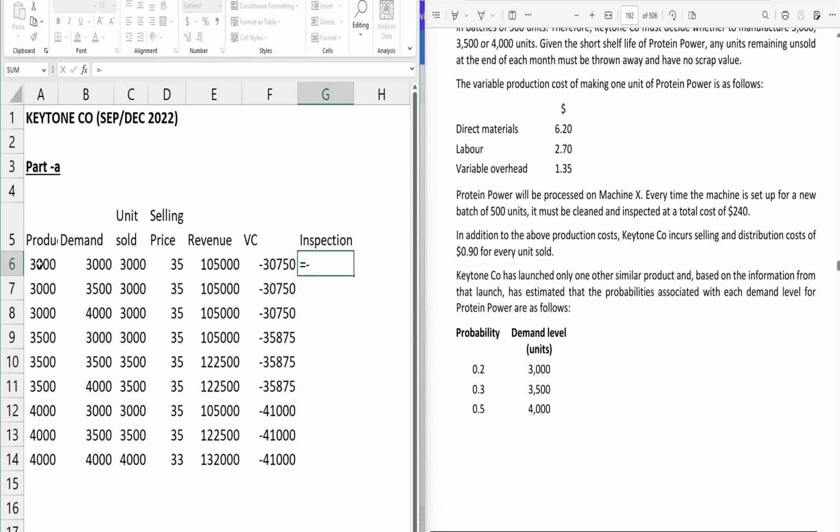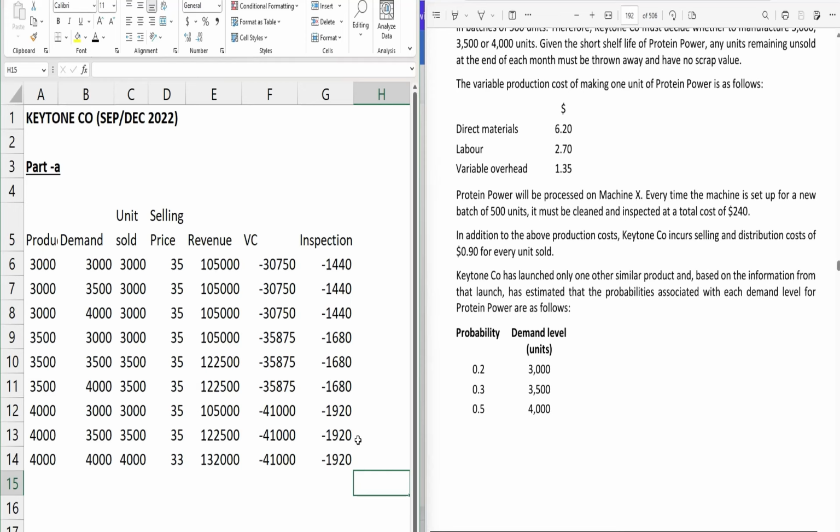We are producing 3000 units, and one batch has 500 units. That means we are producing six batches. Then we multiply it by 240. So it's 1440 inspection cost incurred for the production of 3000, and we will drag and drop this formula in the rest of the boxes.